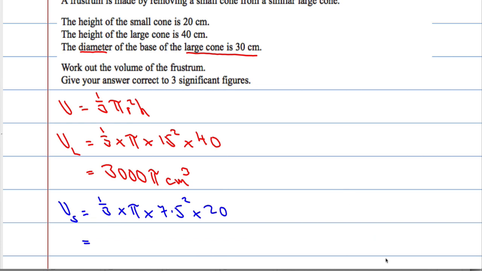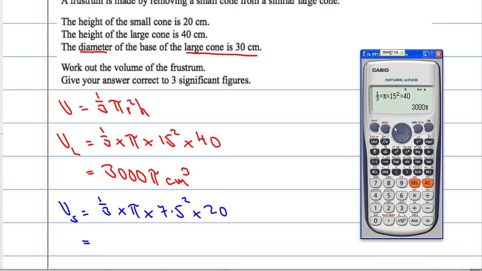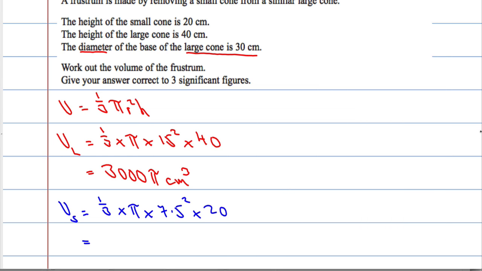So let's take the calculator out. I'm going to change a few things, so I don't need to delete everything. Change that to a 2 and change this to 7.5. When we do that, we get 375 pi.